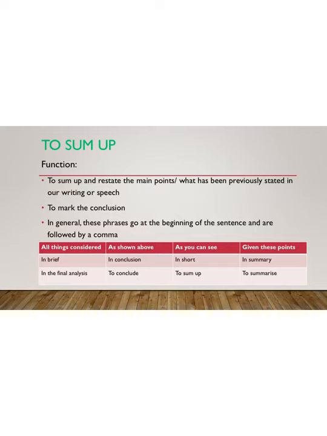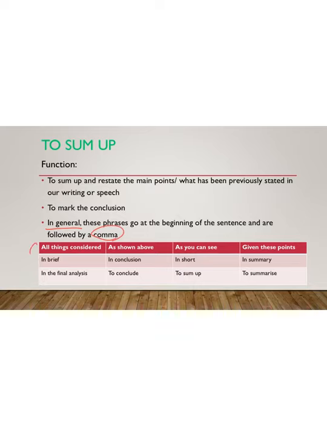We also use this type of connective to mark the conclusion. That's why "in general" is here, so this is the connective of making generalizations. These phrases go at the beginning of the sentence and they are followed by a comma.